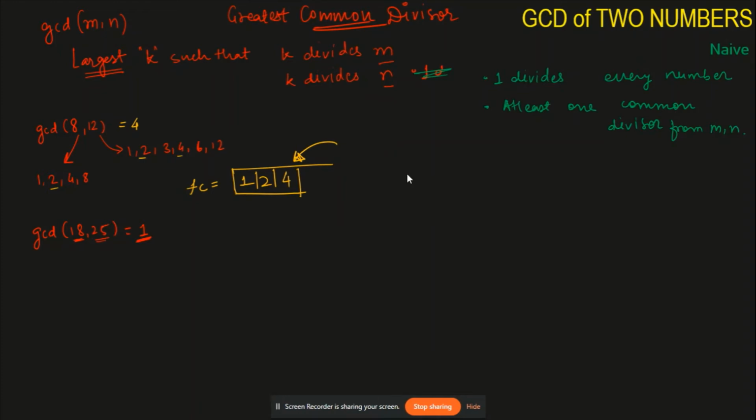Now let us try to devise an algorithm. Let us use a naive, very simple, unoptimized method, where we'll use a number of variables and more space. What we are doing here is calculating the divisors of m and the divisors of n, and then comparing these two arrays to see which elements are common.